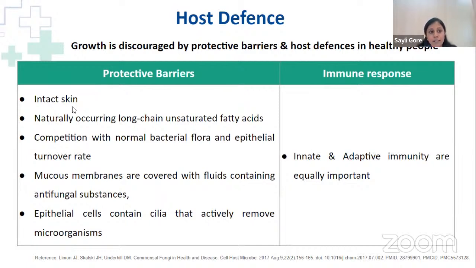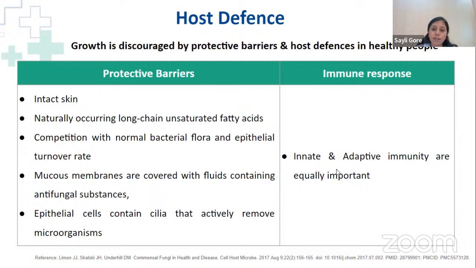The protective barriers are the intact skin, naturally occurring long chain unsaturated fatty acids, competition within the normal bacterial flora, and epithelial turnover rate, where the epithelial cells contain cilia that remove the organism. Then there are mucous membranes that are covered with fluids containing antifungal substances.